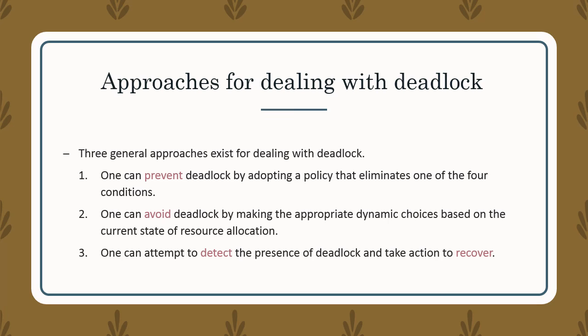I will only take steps when the system is indeed deadlocked. So these are three approaches that we can use with deadlocks: deadlock prevention, deadlock avoidance, deadlock detection, and recovery. And we'll talk about them one by one.